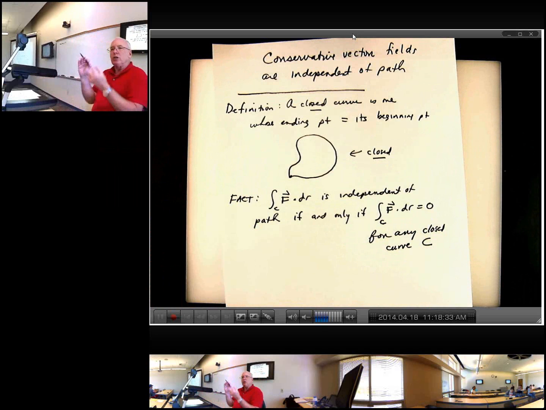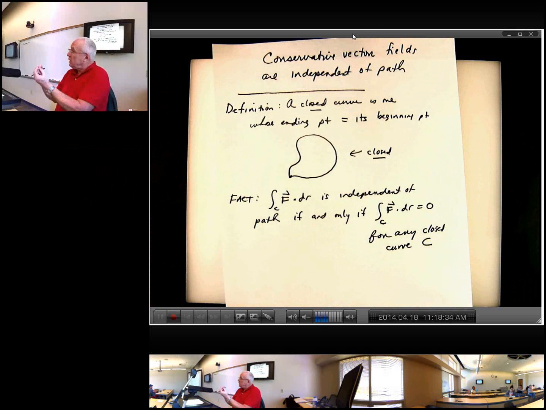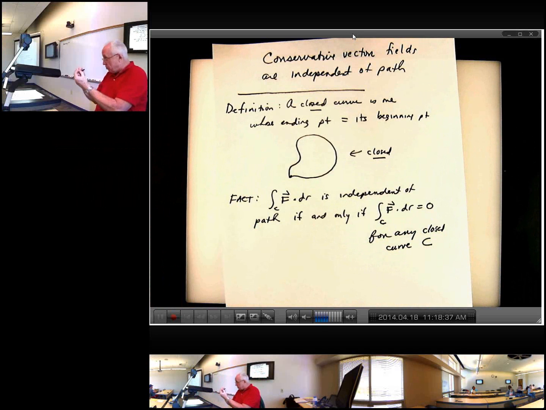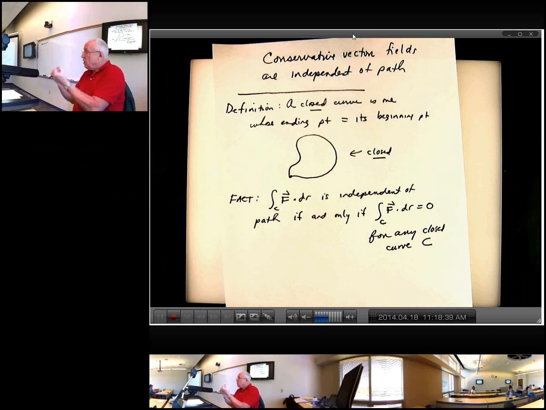When we have a closed curve, the beginning point is the same as the end point. If we're talking about independence of path, we only look at the beginning point and the end point. But if they're the same, when we apply those to our function, we get the same value for this one and the same value for this one.